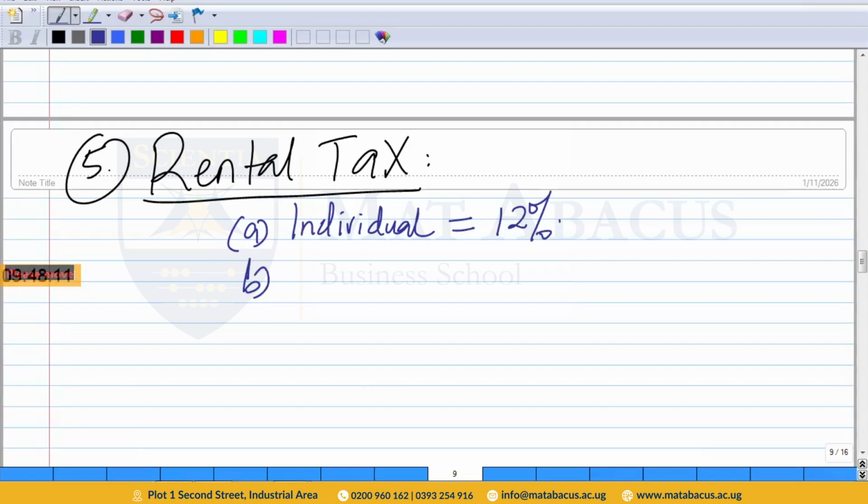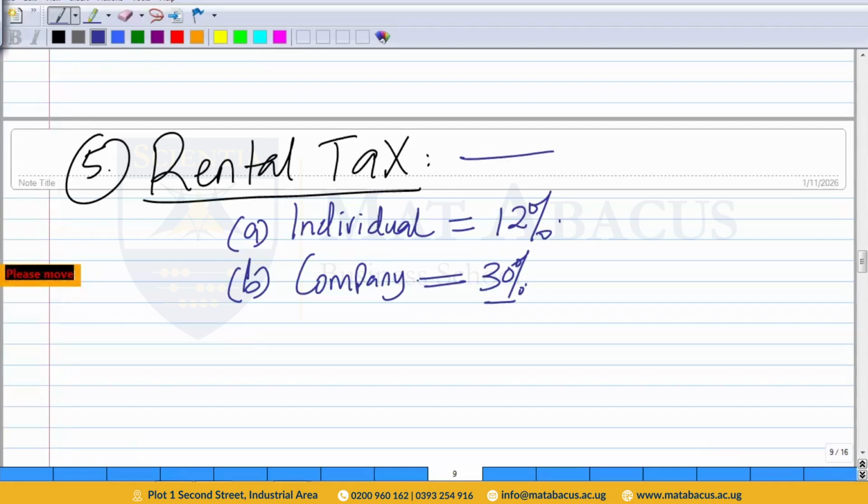Then B is what about if he's a company? How much tax does he pay? Well, we shall look at tax at 30%. Because someone can run rentals as a company, or as an individual. So there are different ways you tax it.